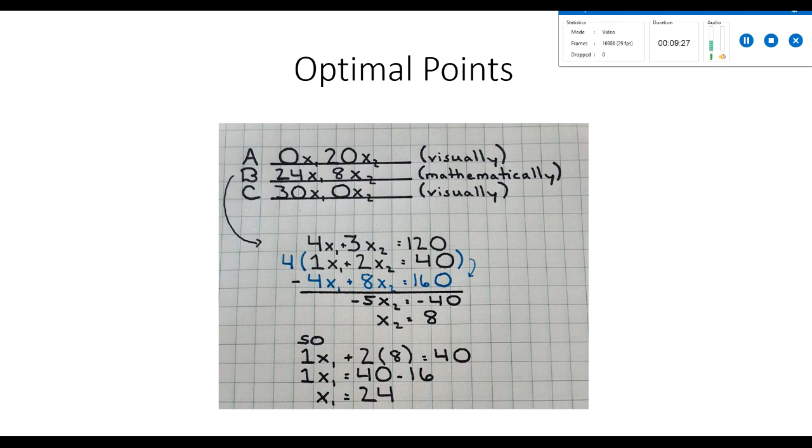And we get 4x1 plus 8x2 is equal to 160, and we subtract. 3x2 minus 8x2 is minus 5x2. 120 minus 160 is minus 40. x2 is equal to 8.